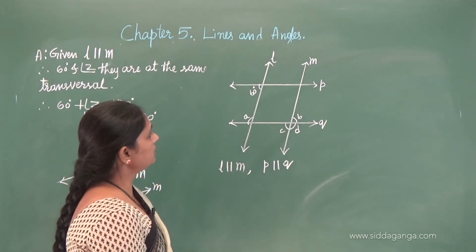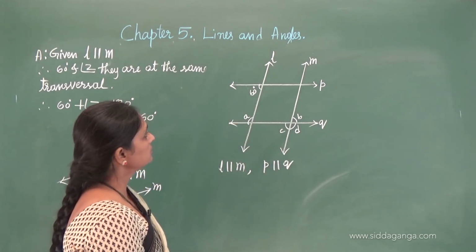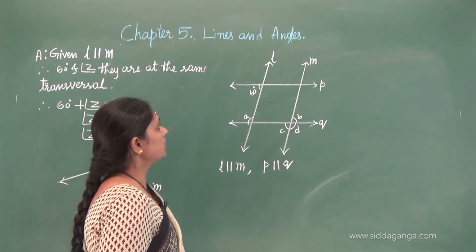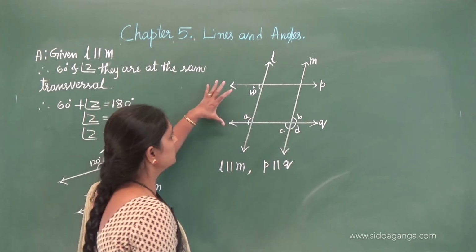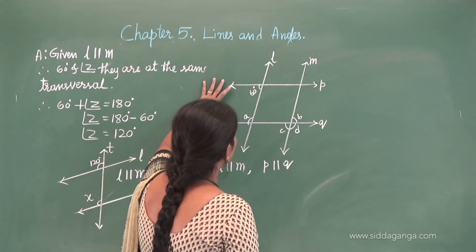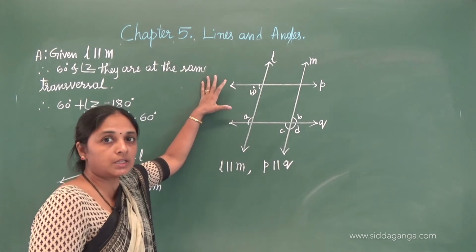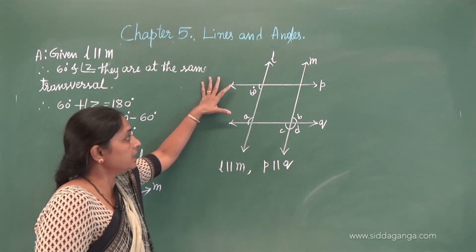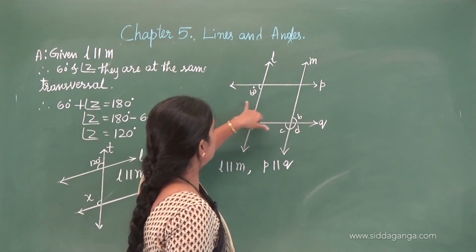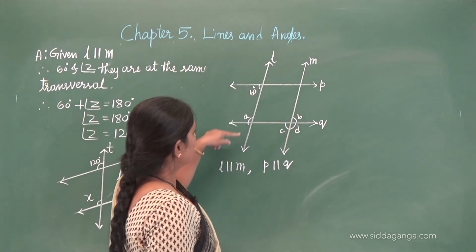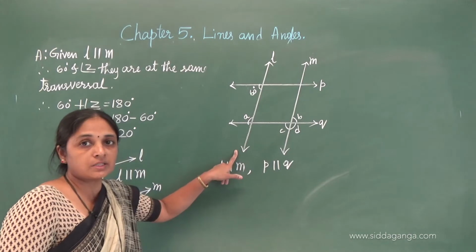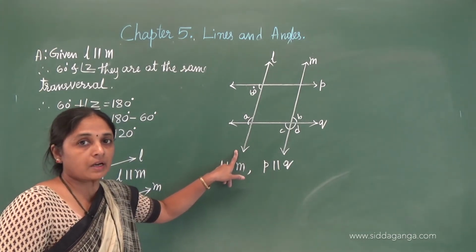How can you find? So using this you can find, so you consider lines P and Q. What are they? They are parallel lines, and L will be transversal for those two parallel lines.